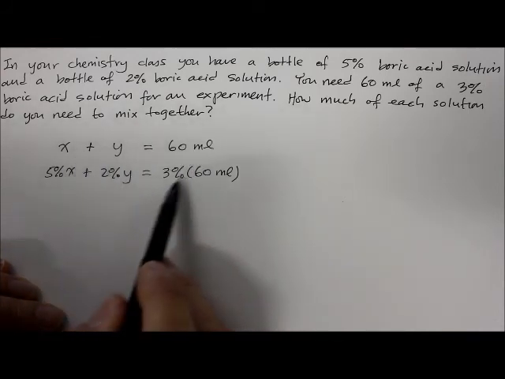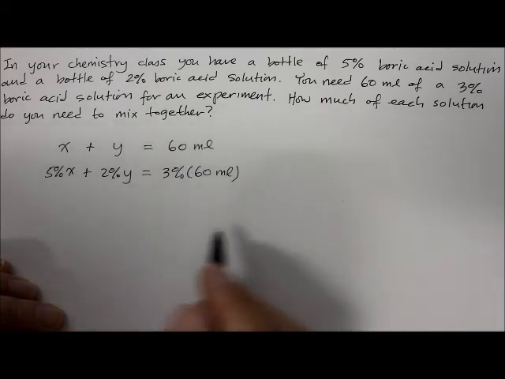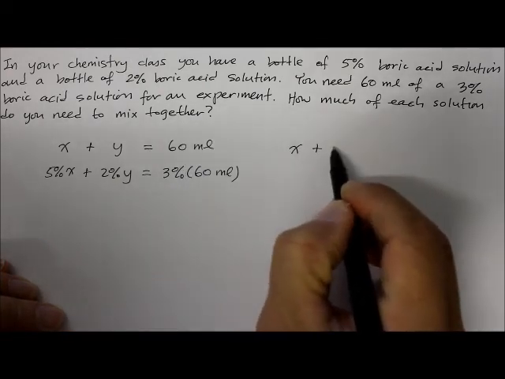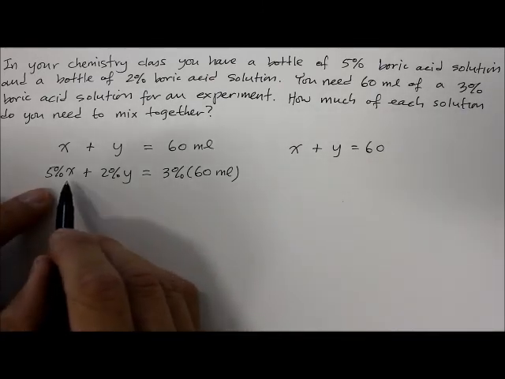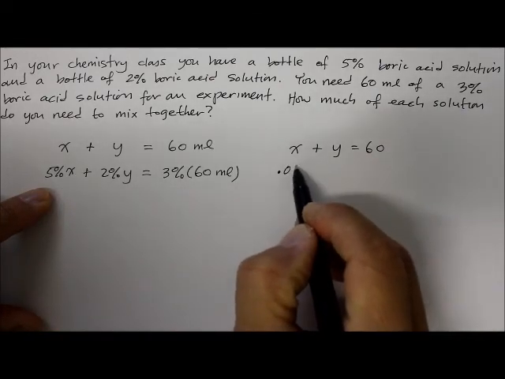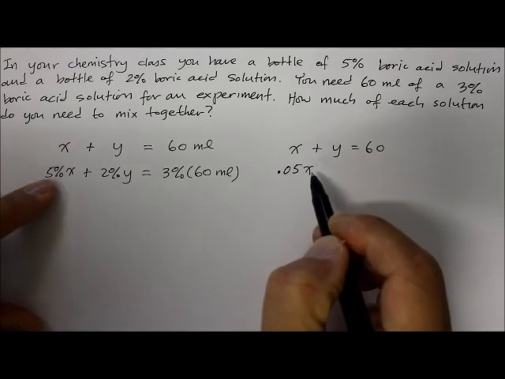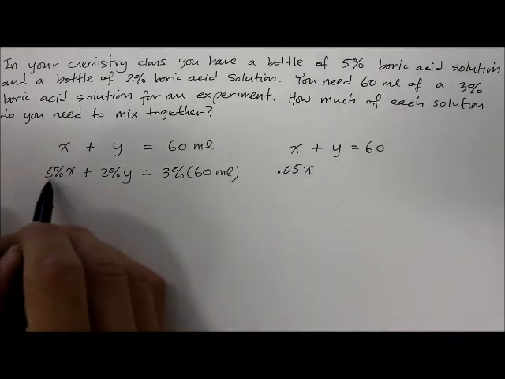So if I write this up as a system of linear equations, it can be written as X plus Y is equal to 60. And this can be written as 0.05x, because it's 5%, remember? Decimal places 2 to the left.